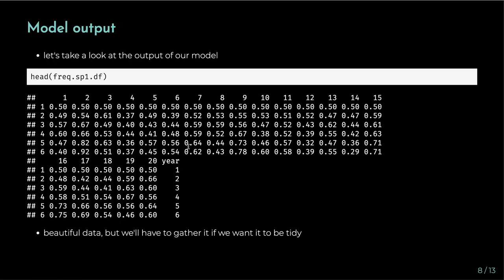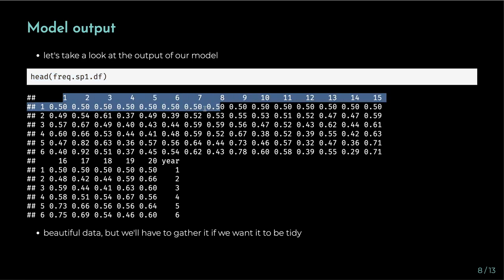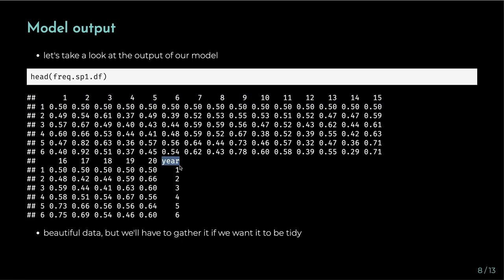So let's take a look at what that actually produces. This is just the head of that data frame, so only the first 6 rows. But you can see that our column names are 1 through 20. There is a column named year that goes up in numbers. And then in each simulation, so in each community that we've simulated, we have these values of the frequency of species 1.